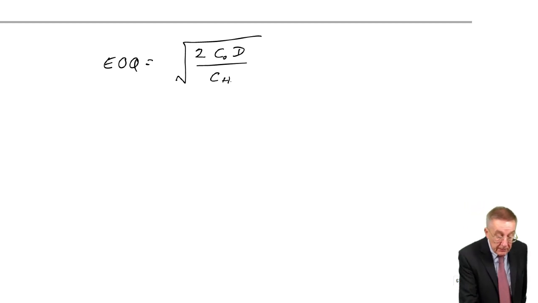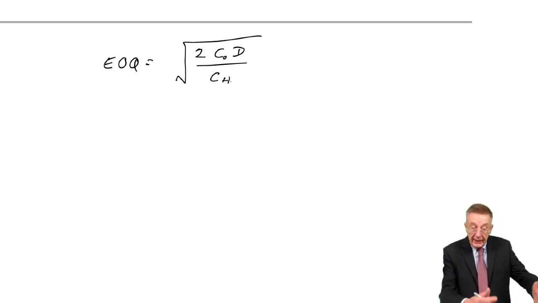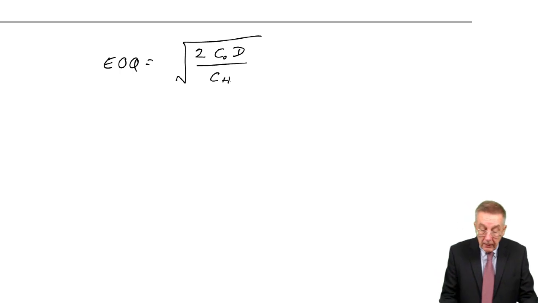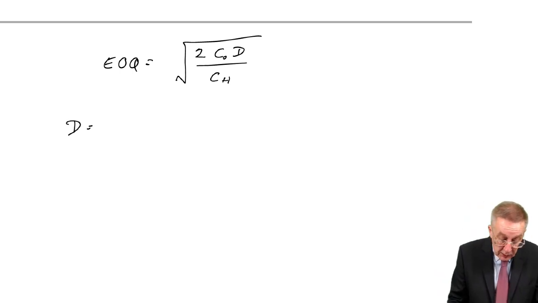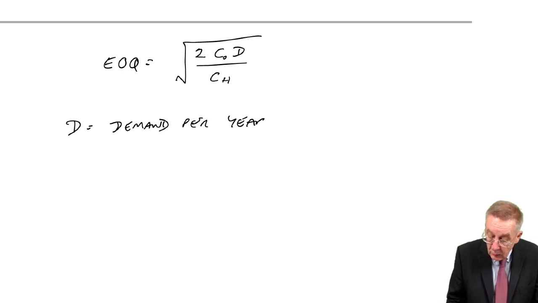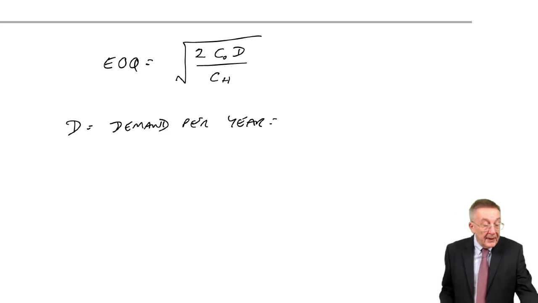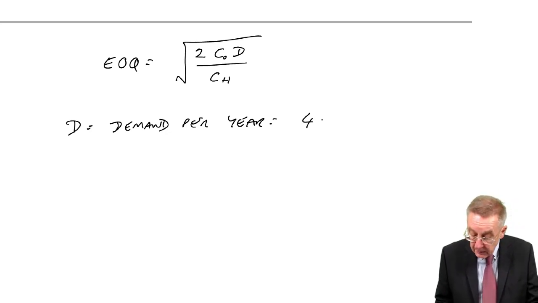And let's use it, example 2, let's use it for the figures we had in example 1. D is the total demand. Which, if you look back at example 1, the demand is 40,000 per year.